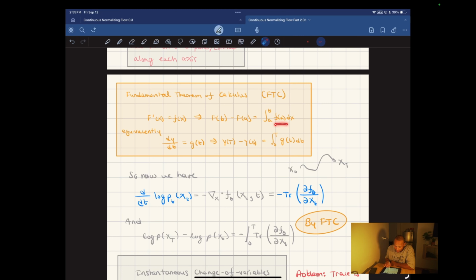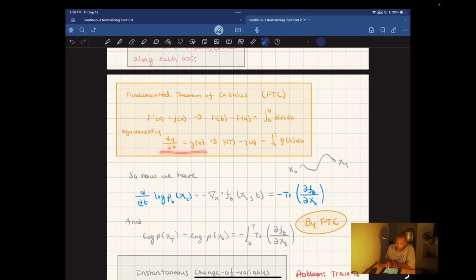If the derivative of capital F is equal to little f, that means F is the antiderivative of f. So if we're evaluating this integral from a to b of little f, then capital F of b minus capital F of a is equal to this integral. That's the fundamental theorem of calculus.